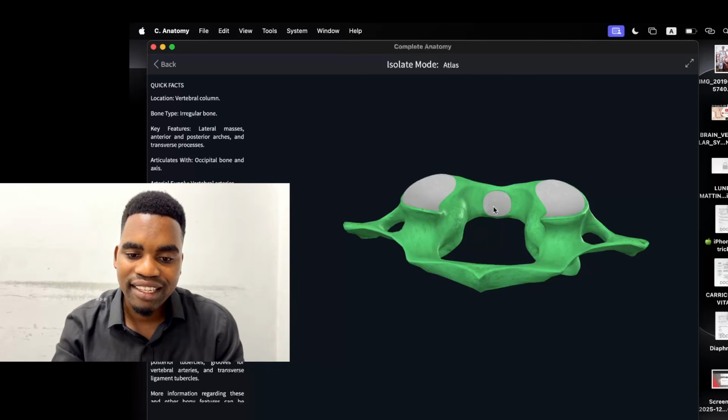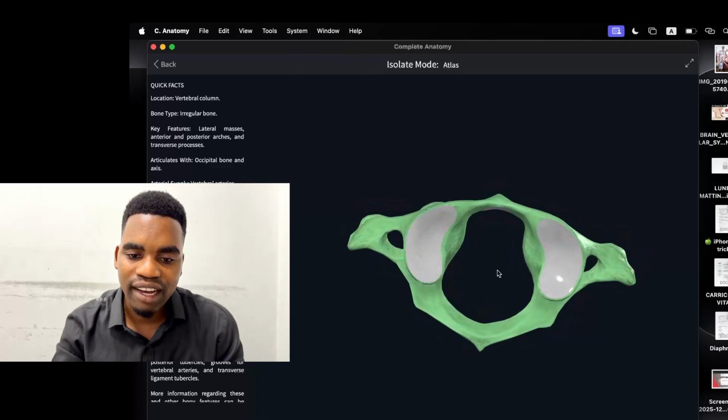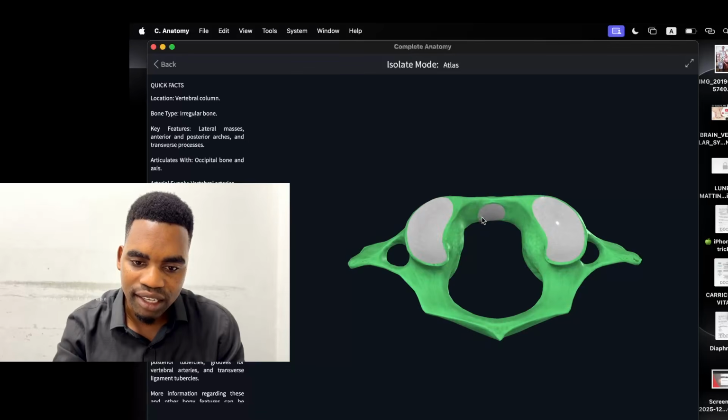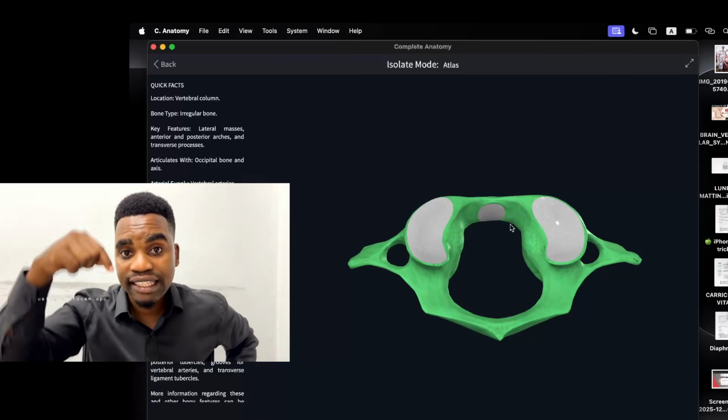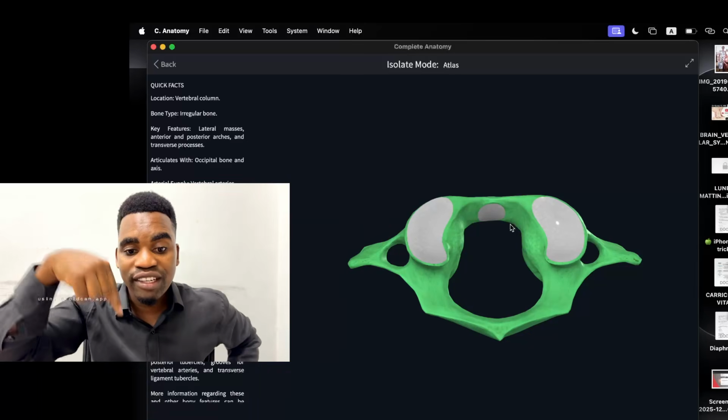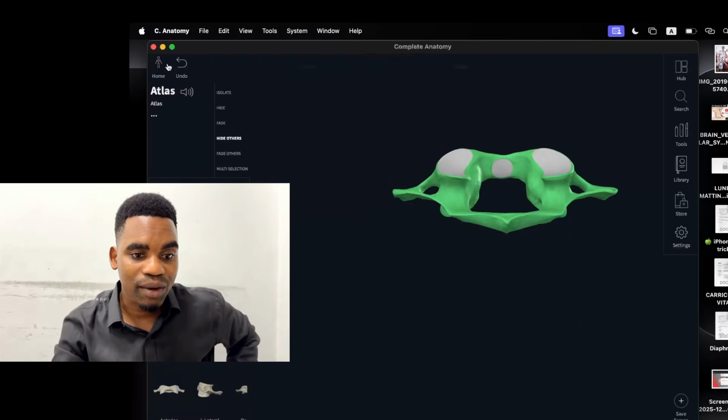Another important thing is the concave depression here on this part, which is for articulation with the C2 vertebra. Now it's time to talk about the C2 vertebra.